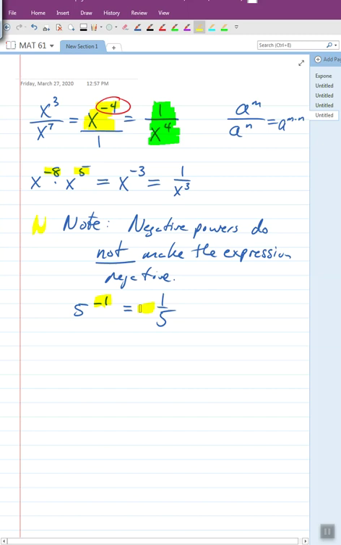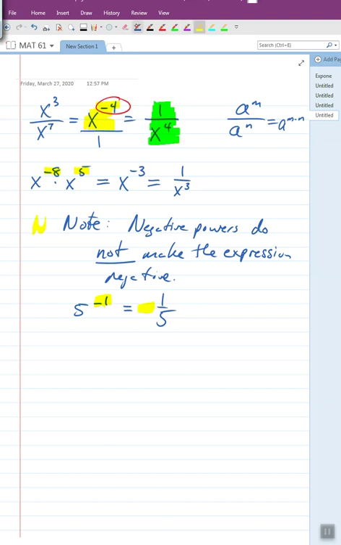That's probably the most important reminder here about what this is not saying. Negative exponents do not make negative numbers. Negative exponents are basically doing reciprocals. So 5 to the negative 1 means reciprocal of 5, which is 1/5. It definitely doesn't mean negative 5 or negative 1/5 or negative anything.